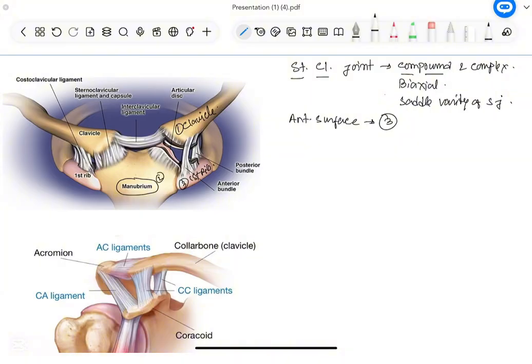So what are the articular surfaces? Number one, the medial end, or we can say the sternal end, of the clavicle.